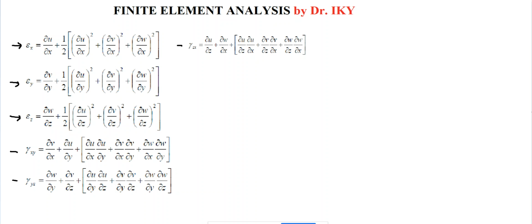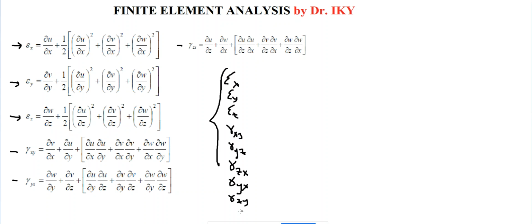If they are not equal, and if the moments are not equal to 0, then the strain vector, starting from epsilon x, epsilon y, epsilon z, and gamma xy, gamma yz, gamma zx, will continue, if the moments are not 0, with gamma yx, gamma zy, and gamma xz.